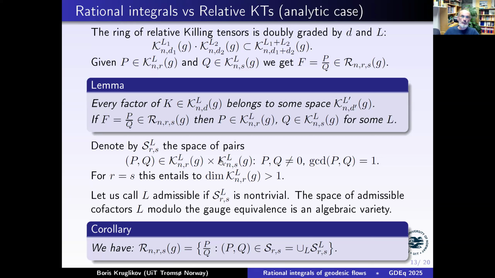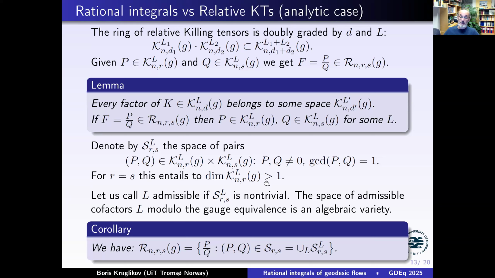Okay, and when r is equal to s, we actually would like that they will not be proportional; they will be linearly independent. So we would like to have this, because if they're dependent, we divide and we get a constant. Not interesting. Okay, so we call a cofactor admissible if the corresponding space of such things is non-trivial.